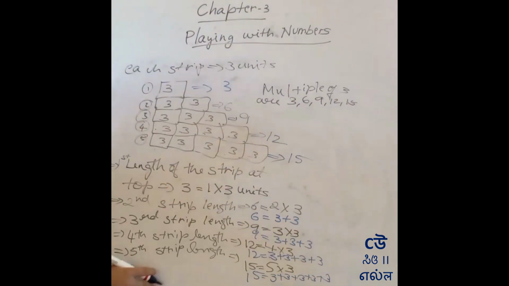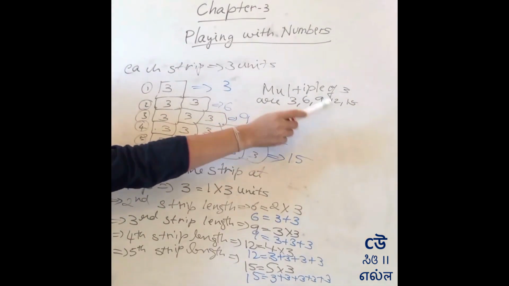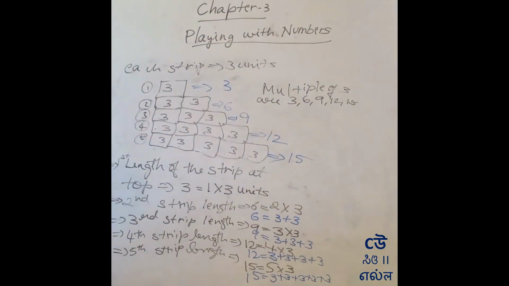So from this what did we find out? We found out the multiples of 3. Multiples of 3 are 3, 6, 9, 12, 15. So 3 divides 3, 6, 9, 12, 15.